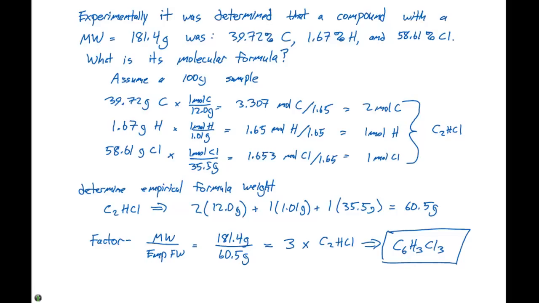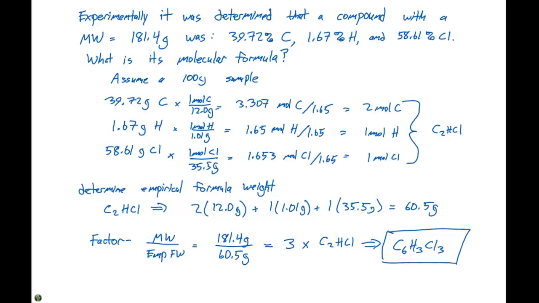Now let's recap what we've done here. We were given some experimental data. From that experimental data, we can calculate an empirical formula. If the molecular weight is greater than the empirical weight, it's going to be greater than that by a particular factor. So once we determine the empirical formula, we can use the periodic table to determine the empirical formula weight.